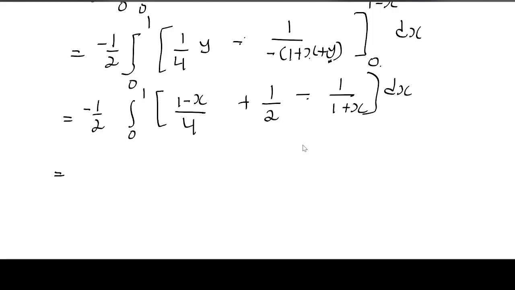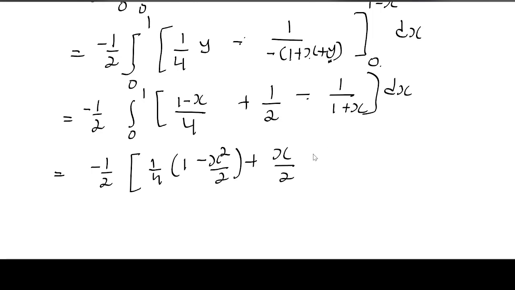Now it is the usual integration we have seen; only one time I have to integrate, that's the common way of integration. So I'll quickly complete that. Minus 1 by 2, and the integration of 1 by 4 is constant. (1 minus x) gives (1 minus x) square by 2, plus 1 by 2 integration is x by 2, minus, this is 1 by (1 plus x), the integration will be log of (1 plus x), with limits from 0 to 1.